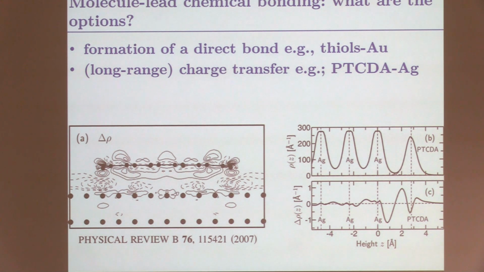And this is what is happening in PTCDA. So theorists have resolved the charge transfer. You see that it goes into the PTCDA molecule, and when you plane average or plane integrate it, you see that a substantial amount of charge is transferred from silver to PTCDA. Again, this happens at each molecule. They are less densely packed, but still you have a dipole at each site, and that will change the potential energy, the work function, and other properties of the system.